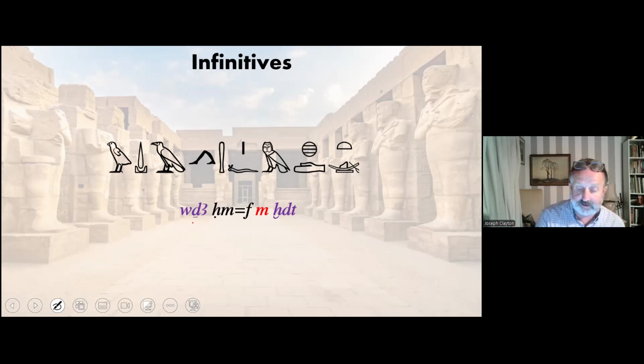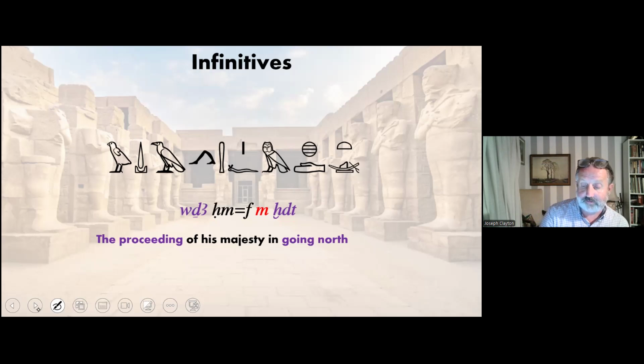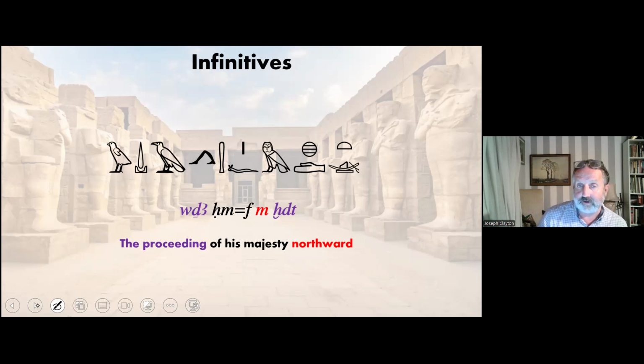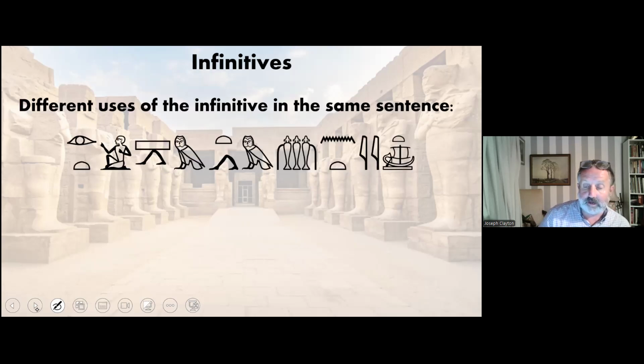So what we've got here is proceeding, so wedgize to proceed, so the proceeding of His Majesty, consisting of going north. So the proceeding of His Majesty northward. That's the way you can do adverbs with an infinitive as well. You do M, consisting of doing something, or in doing something. Okay. Different use of infinitive in the same sentence.